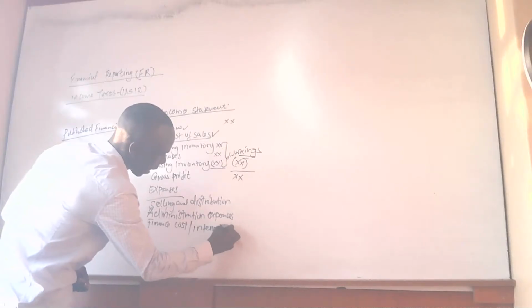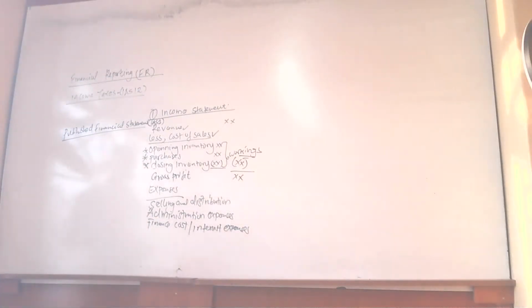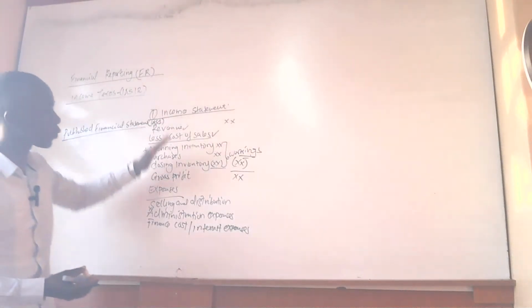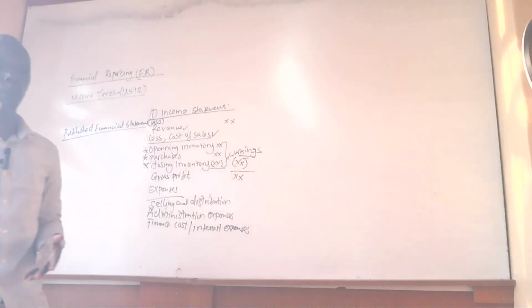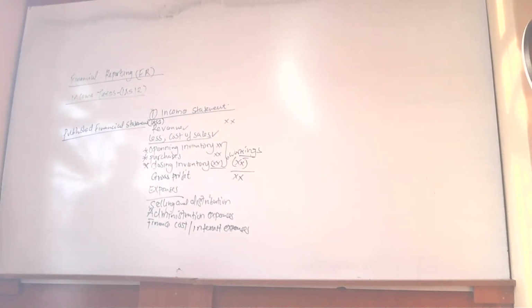Interest expenses. So what I'm trying to explain here is that in foundation level, you are supposed to put all those expenses, for example, we have the bad debts, we have the depreciation, we can talk about stationery, and other than the stationery, we have other expenses like general expenses.